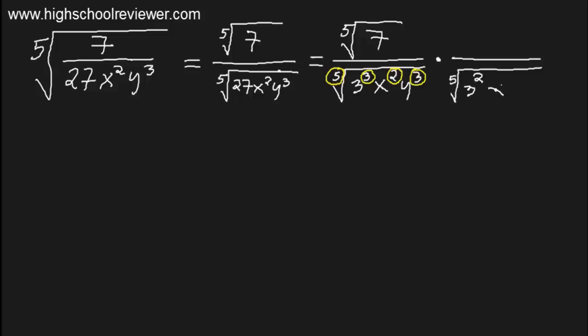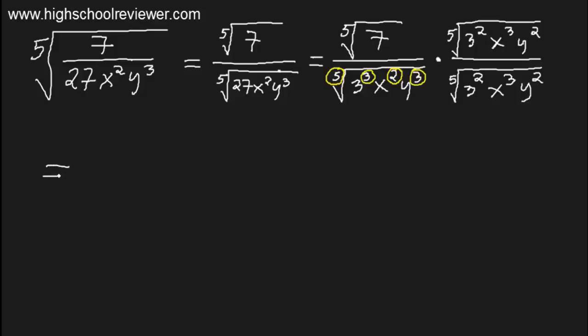The exponent of x will be 5 minus 2, that is 3. And for the exponent of y, we have 5 minus 3, that is equal to 2. For the numerator, we will just copy the denominator, that is the fifth root of 3 raised to 2, x raised to 3, and y raised to 2.